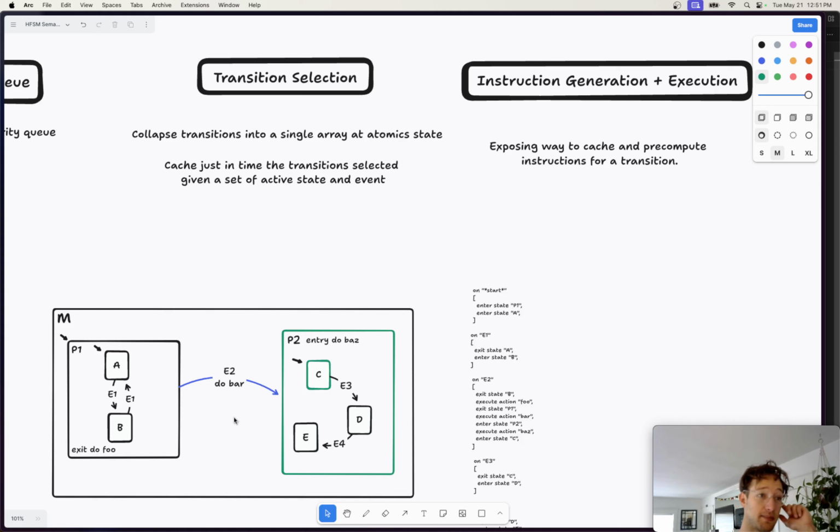The only static piece of information that we know in the description of the state chart is a single transition. We can easily look at that transition and cache this array of instructions. Then all the state chart engine is doing is looping through this set of instructions and doing something with it.